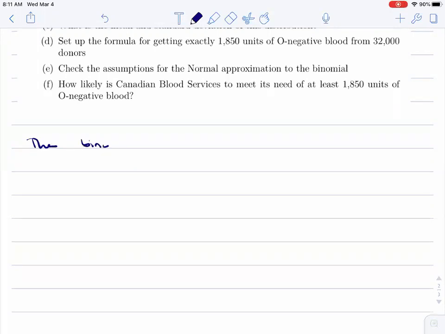So the binomial distribution is appropriate here because, and I'll list them, number one, the first thing that we're going to look for is, do we have a success-failure situation?